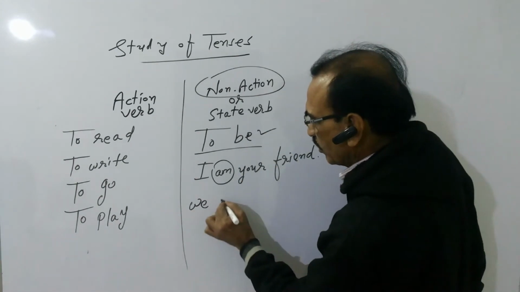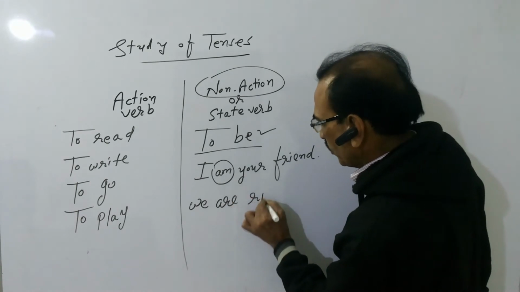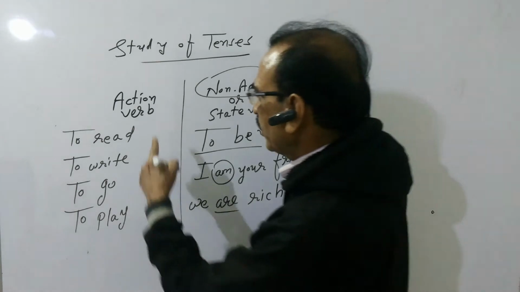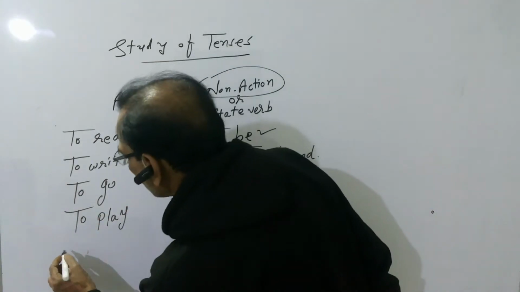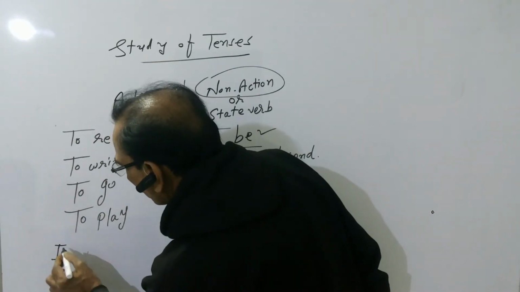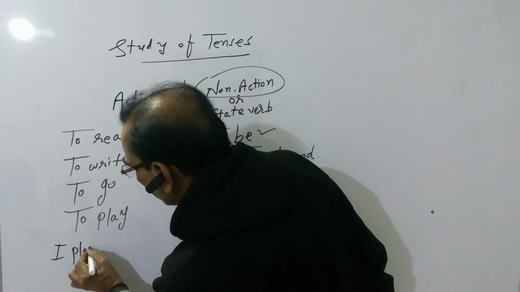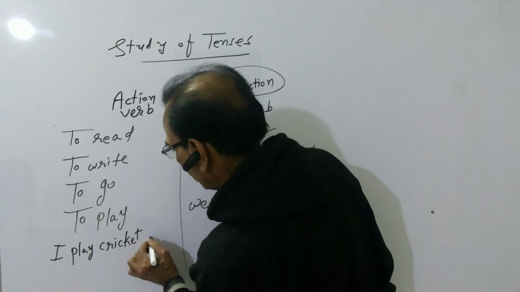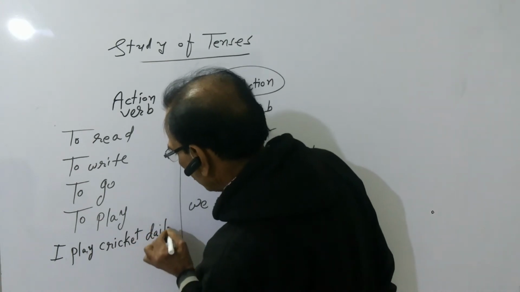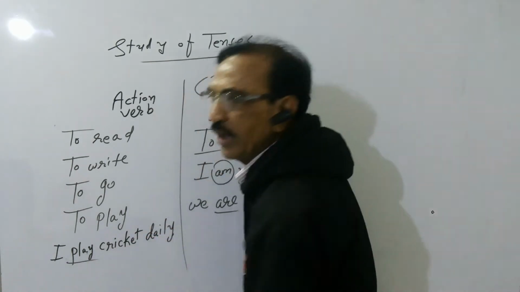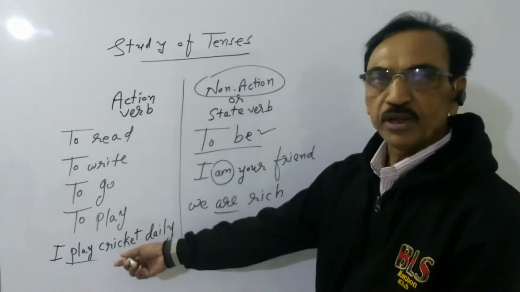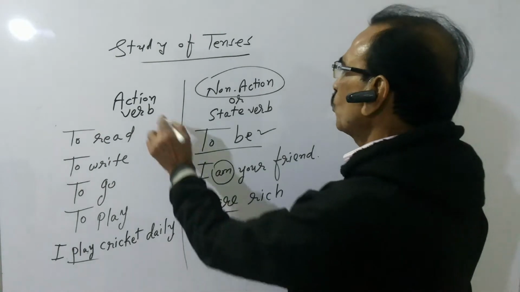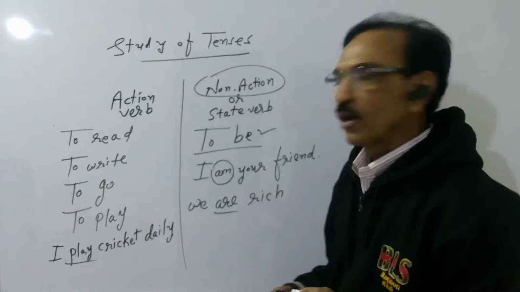We are rich. Whereas in an action verb, we can say, I play cricket daily. Here, play is an action verb. We can see that some action is going on, right? So action verb and non-action verb are like this.